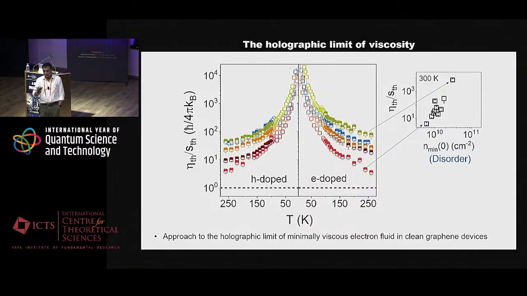And graphene is not an infinitely interacting system. Its interaction number is about 1 or 0.5 maybe. So I don't know whether that's the reason why we haven't approached the holographic limit, or looking at the dependence of this number on disorder, I don't know whether it is because of the finite remnant disorder that we haven't approached the holographic limit. I don't know this answer.